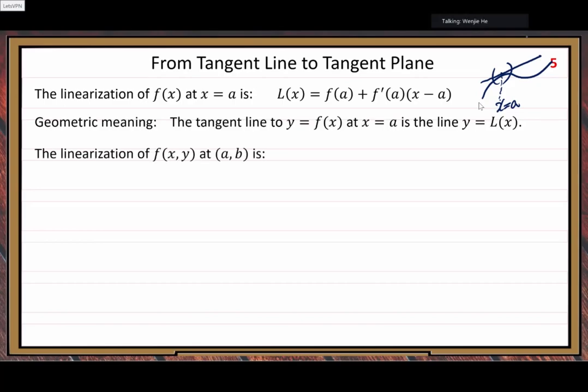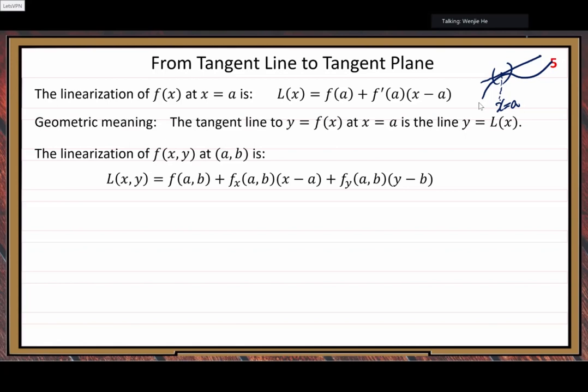Now, the linearization of a two variable function f of x and y at one point, the point (a, b), is this time another linear function. This time the linear function has two variables, an x variable and a y variable. We write it this way. First, the f function at the center point, because we consider the x, y values around it.